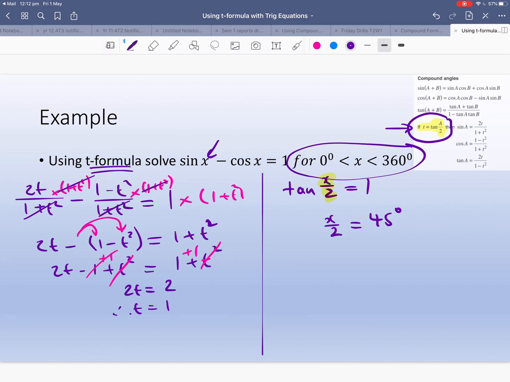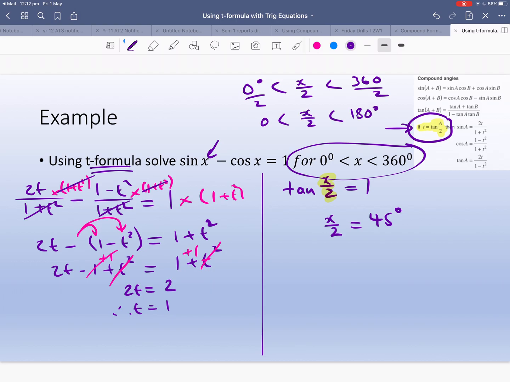Now remember, with domains, sometimes we can just put it over 2. So 0 over 2 is just 0, and then 360 over 2 is 180, so we've got 0 to 180 degrees for x on 2.